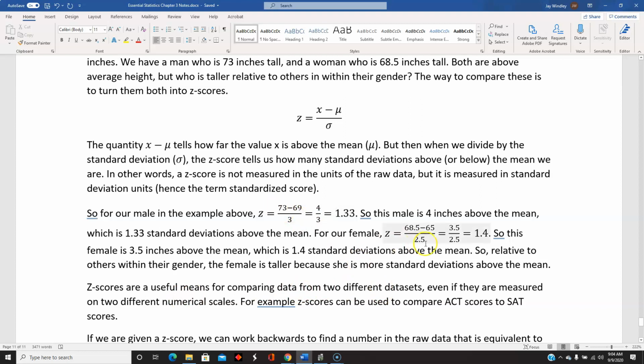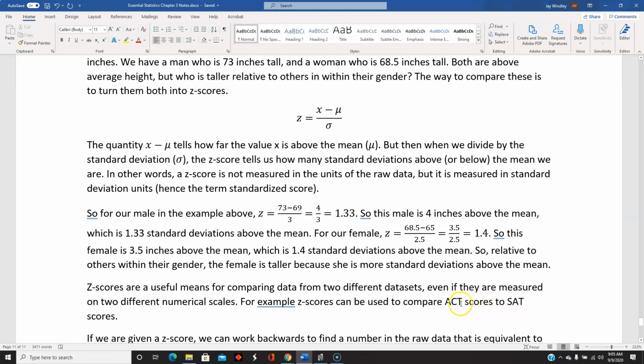And so just like I did here, z-scores are often a great way to compare two numbers from two different data sets, even when those two different data sets are measured on different numerical scales. For example, you could compare someone's ACT score to someone's SAT score, which you'll see on the homework.